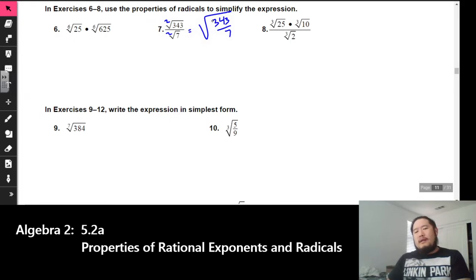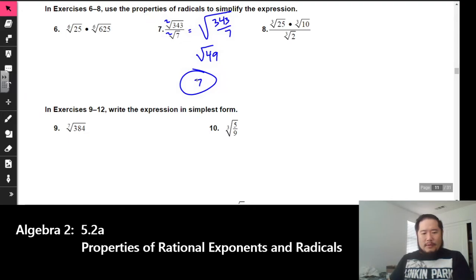And I go through my little calculator, I go through my brain, I'm like, all right, maybe there's a chance. 343 divided by 7, what is that? That's going to be right there, 49. It works out nicely because the square root of 49, there you go, it's 7. All right, so now we have number 7 in the books. Pretty easy, right?